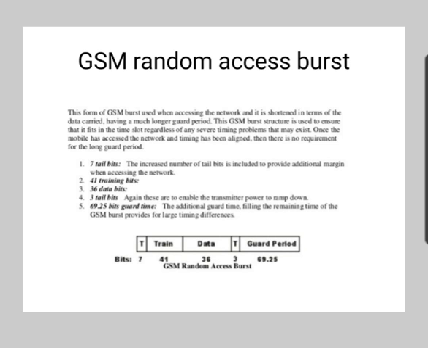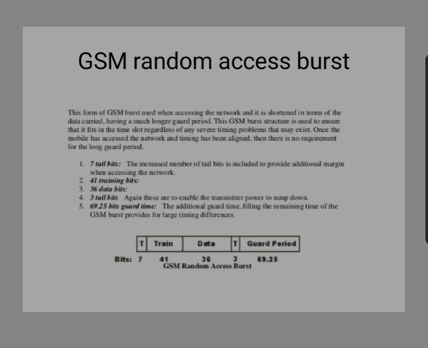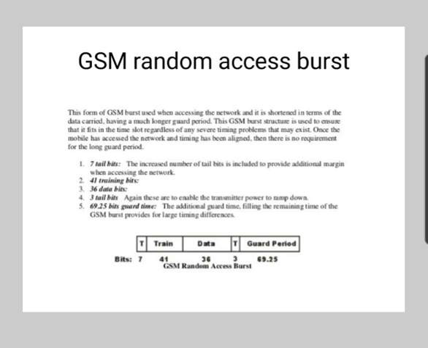Then the RACH burst. The system access request and acknowledgement are carried in this burst on the reverse link. It is the shortest burst of the system. It has 8 start bits followed by 41 bits of synchronization.